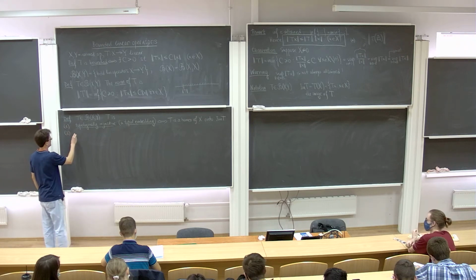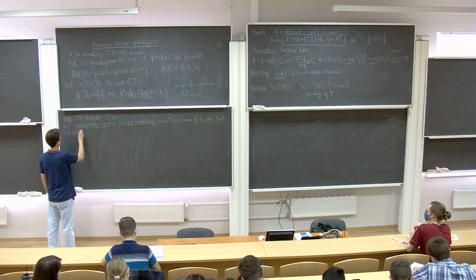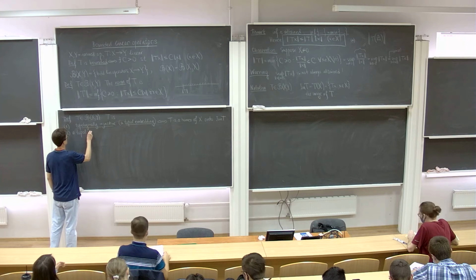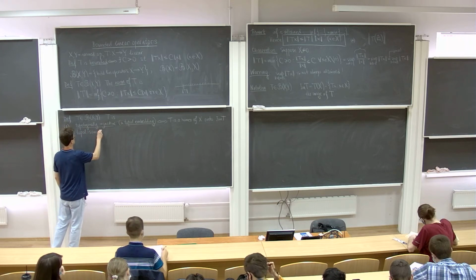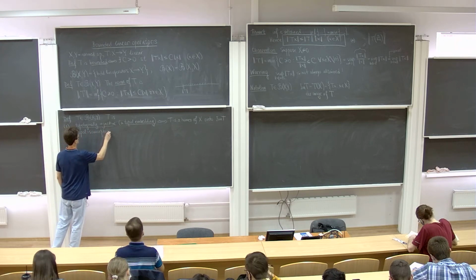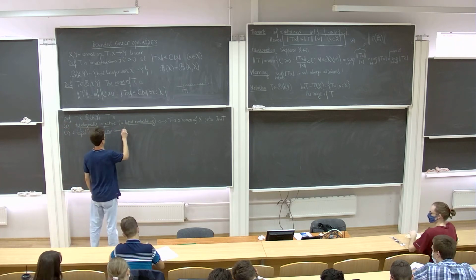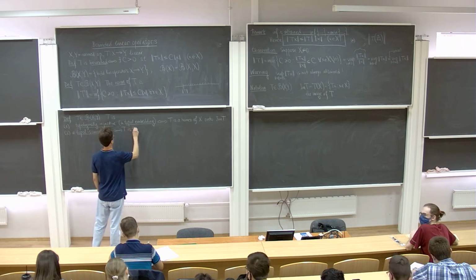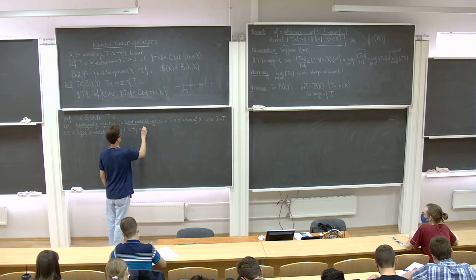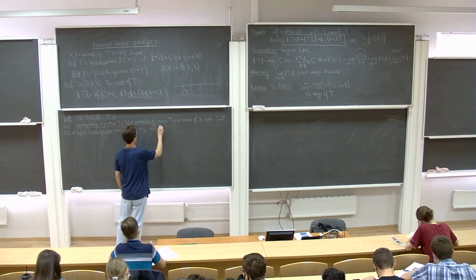Next, we say that T is a topological isomorphism if T is topologically injective and surjective.